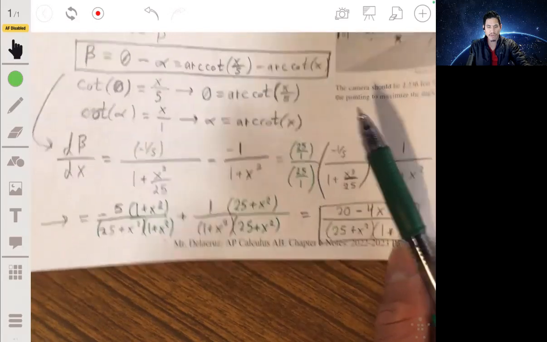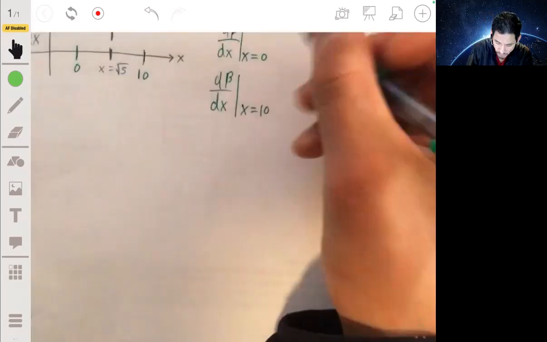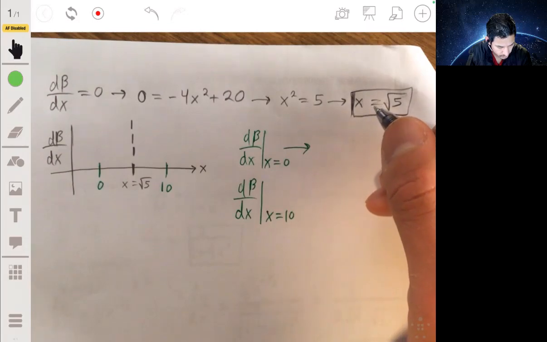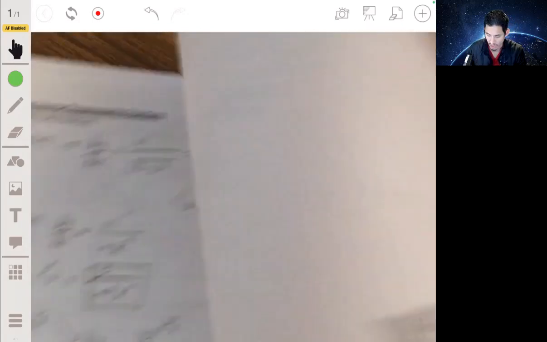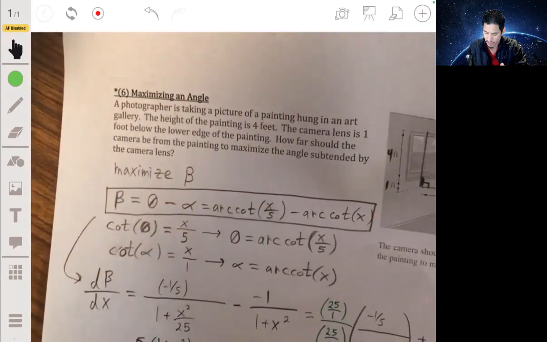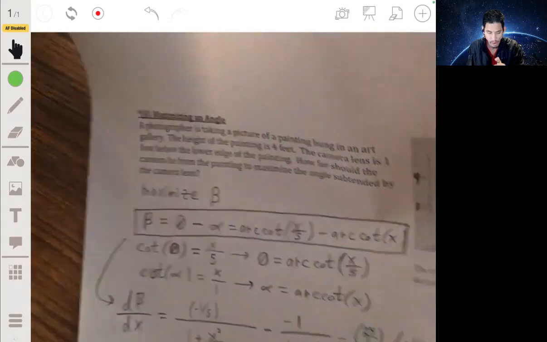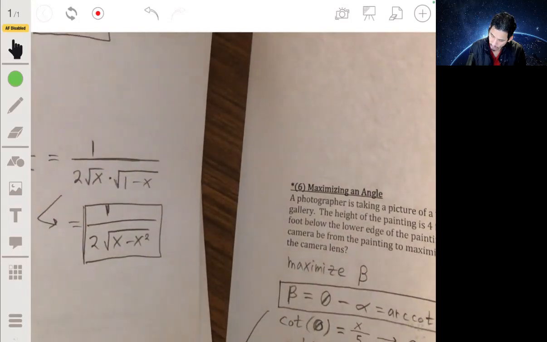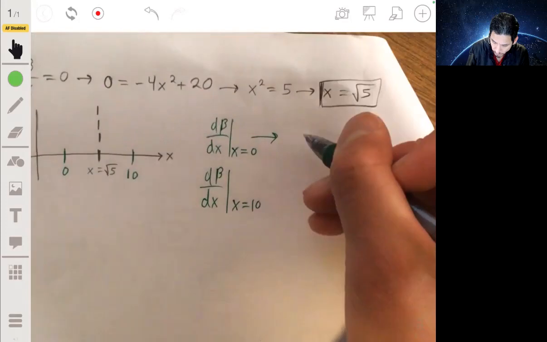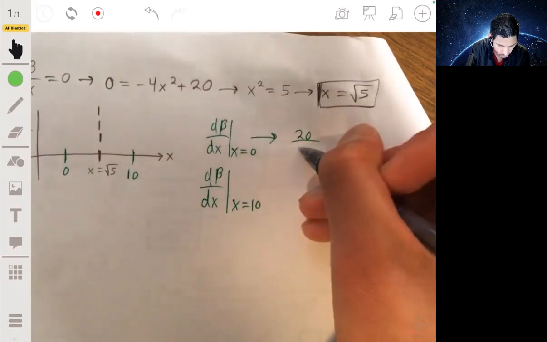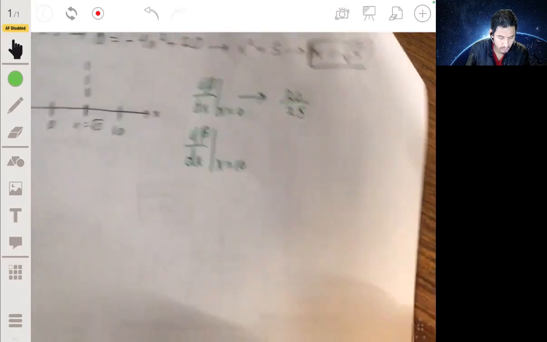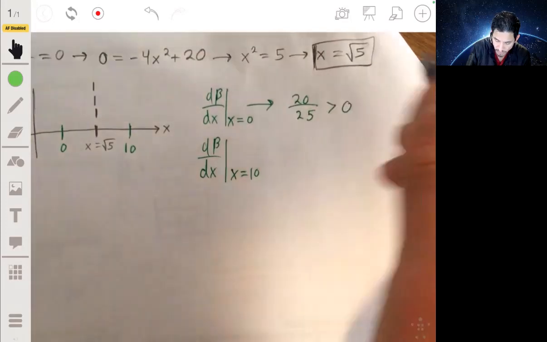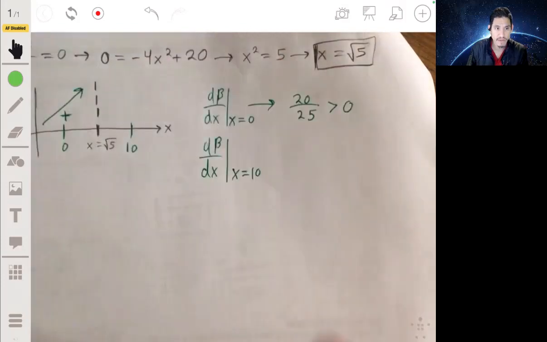So we just get 20 over 25. And again, what matters most is the sign of this. This is a positive number.